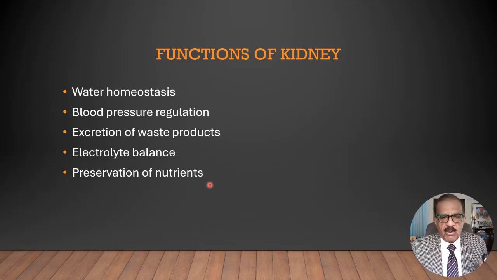It's extremely important because whatever we eat, ultimately it gets converted into glucose, and glucose is our main fuel. So it has to be reabsorbed. Otherwise, we would end up in hypoglycemia in hours after eating a meal.